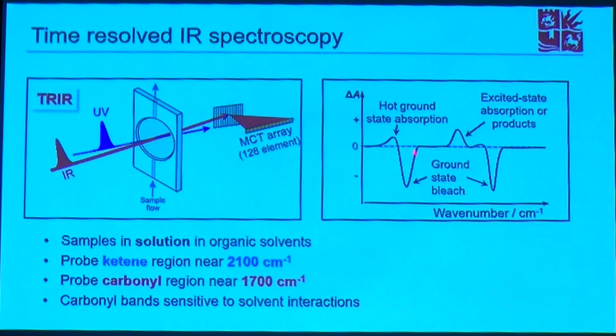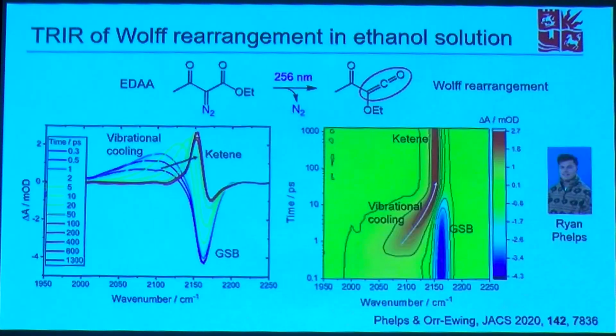And negative going features are going to be depletion of the parent molecule. So these are time-resolved infrared spectra obtained in the ketene region. This is a slightly different compound from the one I've been talking about so far, but the photochemistry is the same. So this molecule, 256 nanometers, isomerizing to the ketene.